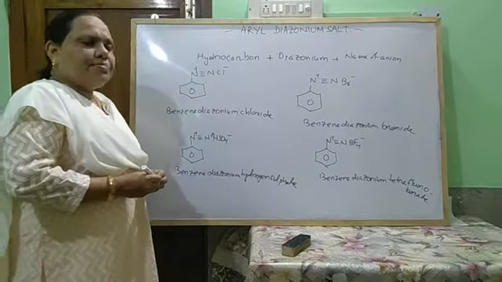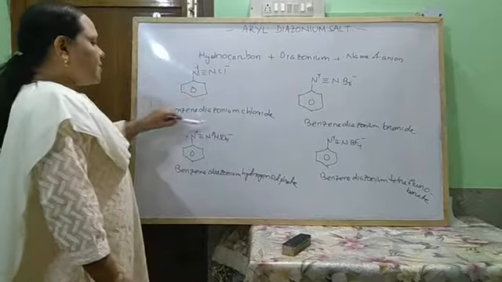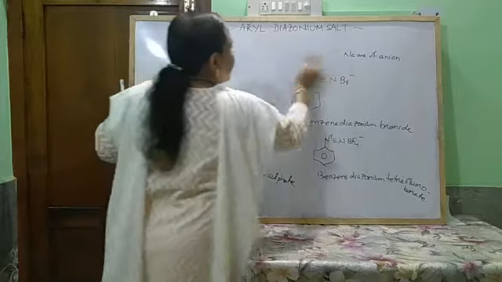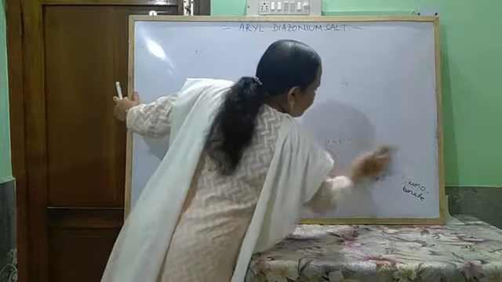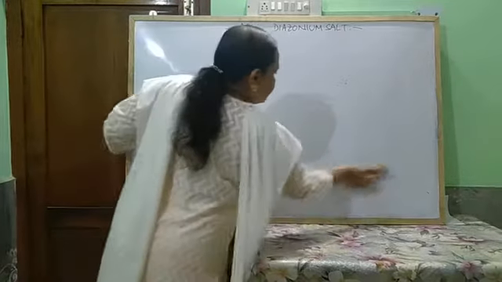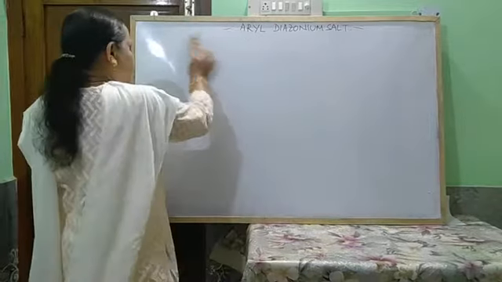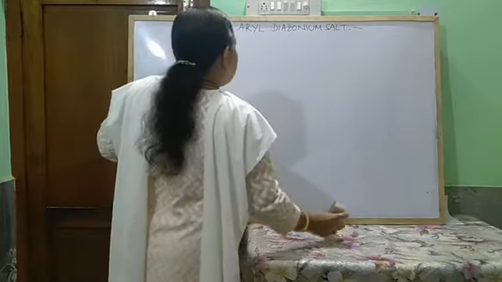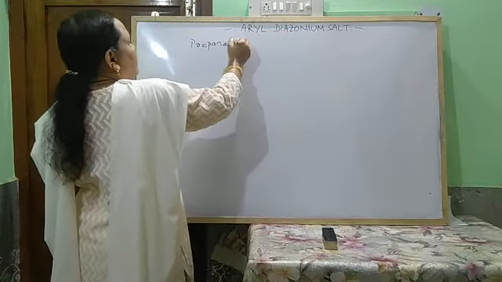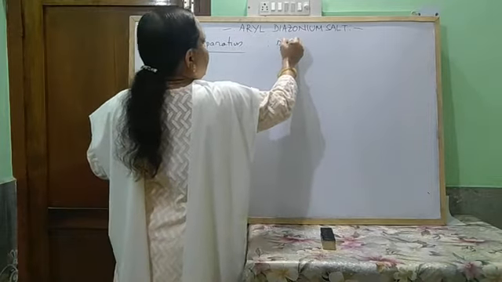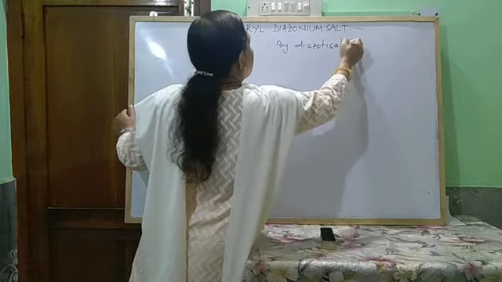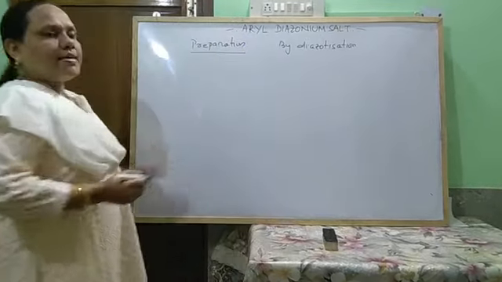Next come to its preparation. Specially here we will study about benzene diazonium chloride. This benzene diazonium chloride is prepared by the method called diazotization.